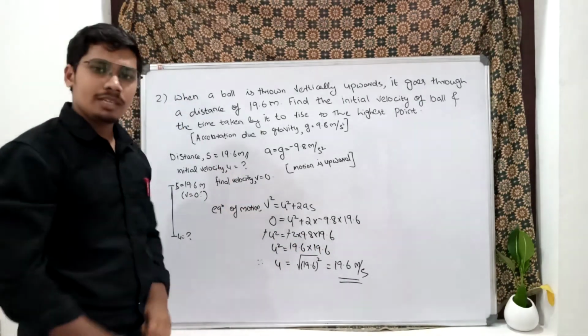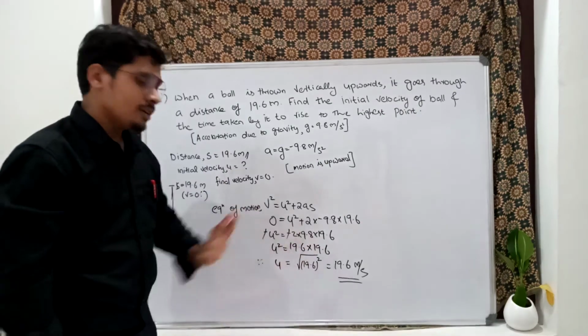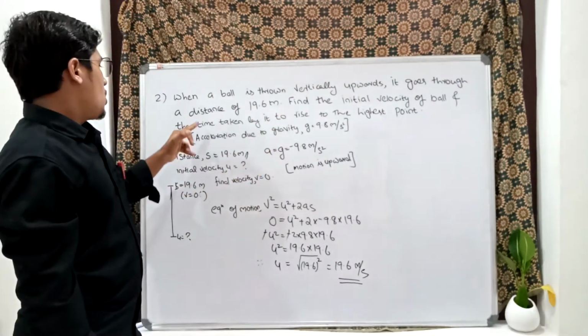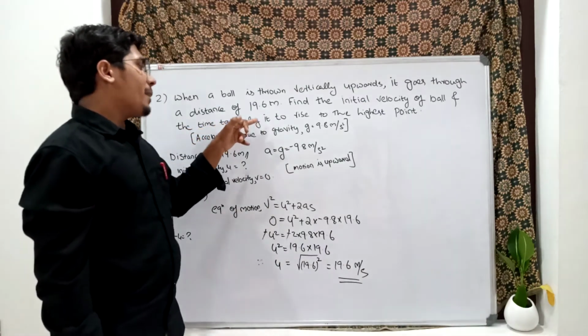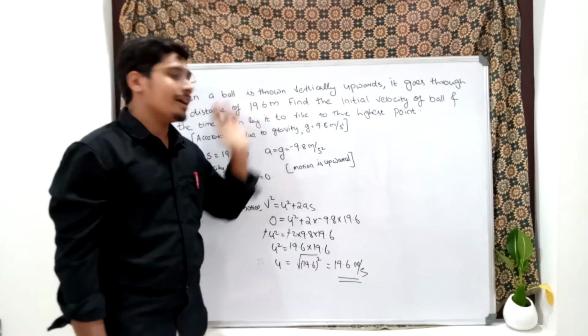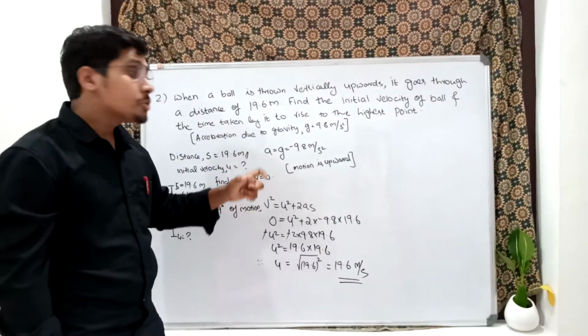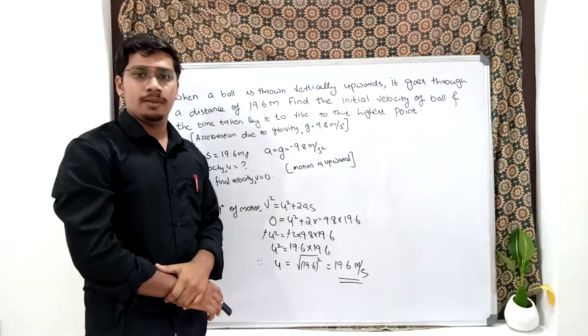Next, I believe that this is very clear for you. Next, the question is, what is the time taken by the ball to rise to the highest point? Very simple.